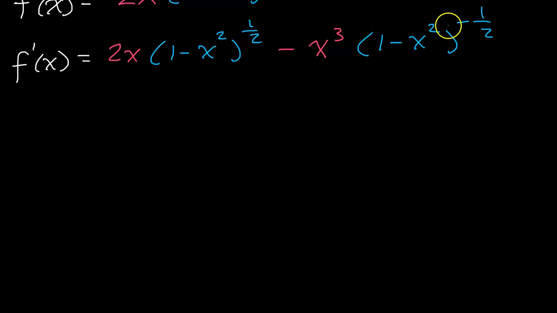So we look for the lowest exponent. Notice that negative 1/2 power is the lowest. So this is the one that we're going to bring out to the front. So we're going to have 1 minus x squared to the negative 1/2 power out here in the front.